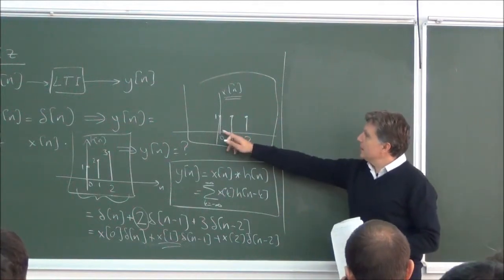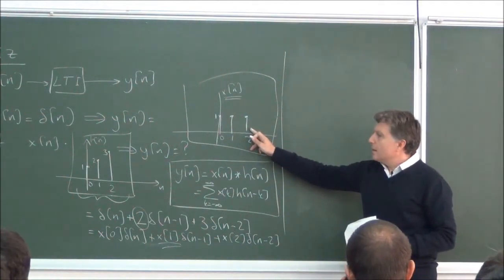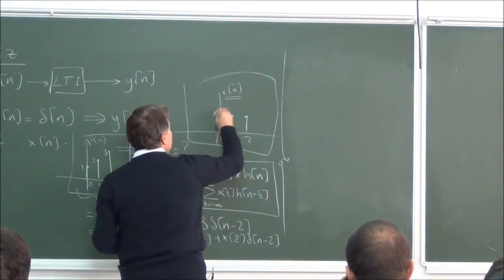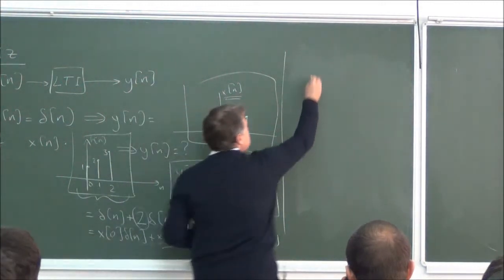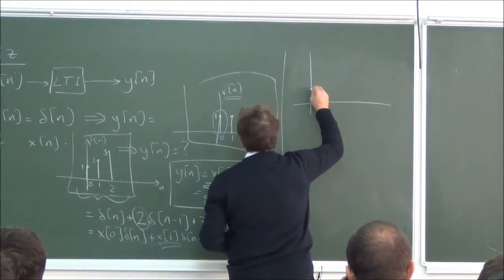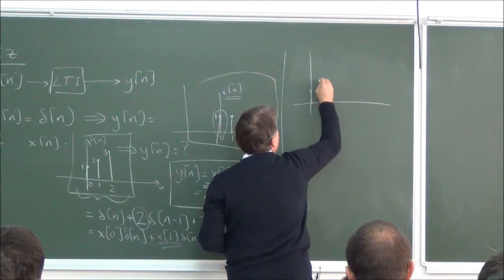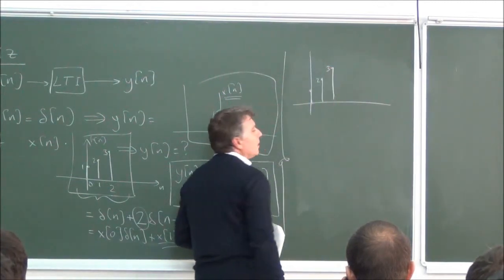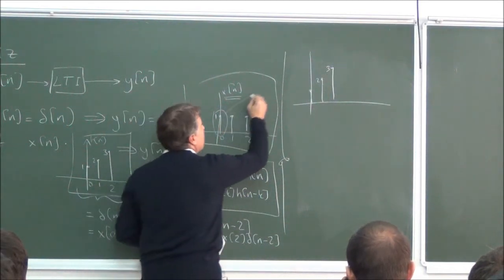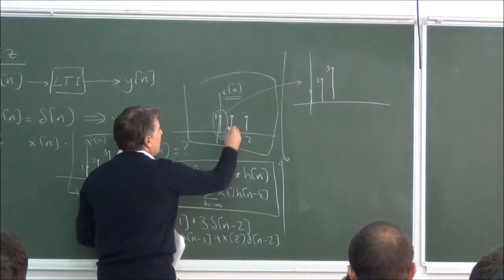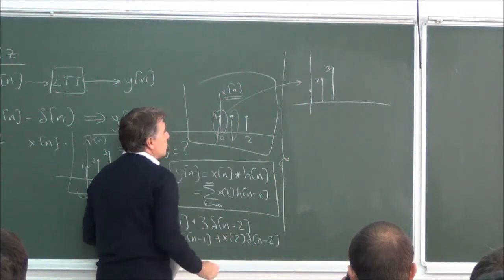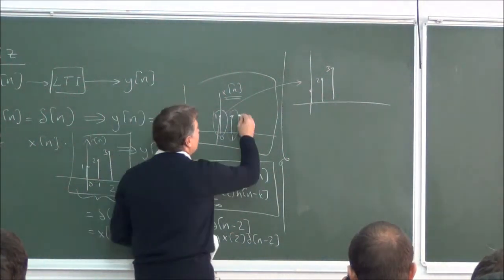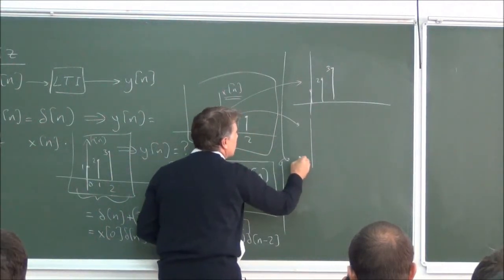If the input is this, how can I find the output? Let me first find the output to this impulse. So it's 1, 2, and 3 to this impulse. Let's find the output to the next impulse, one shifted towards right. How do you find the response?